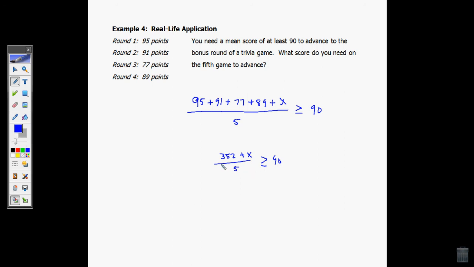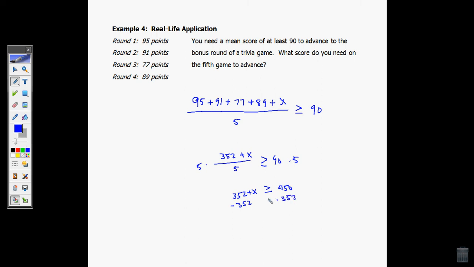And now that I have this grouping symbol, this fraction bar here, I need to get rid of the 5 first. So I'm going to multiply both sides by 5. And 90 times 5 is going to be 450. And 5 was positive, so I don't need to change the sign. 352 plus x. And then lastly, just to get x by itself, I need to subtract 352.